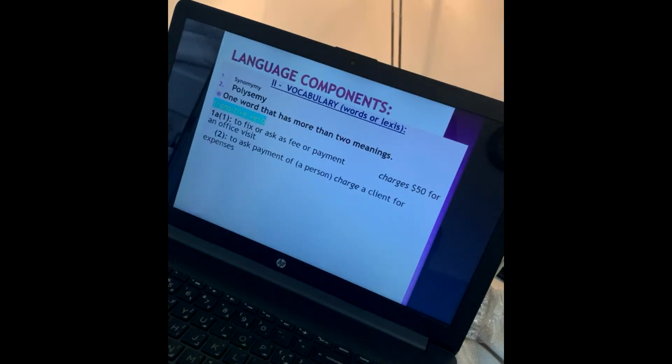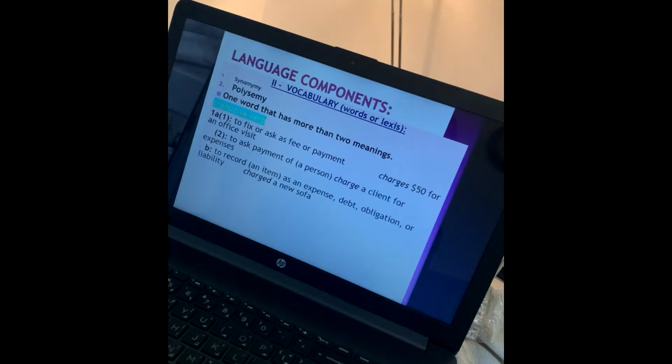So you see that is a verb, which is the verb charge. Charge a client, charge him £5. You can charge him £5 for expenses. So you see, the word charge is quite really.